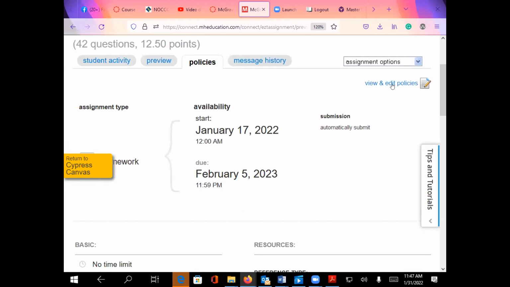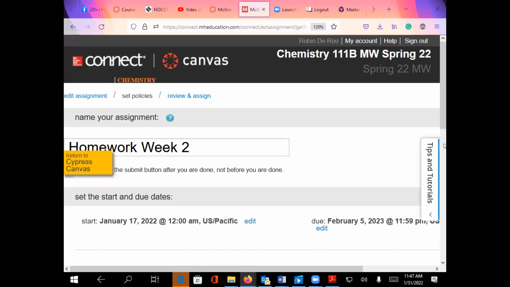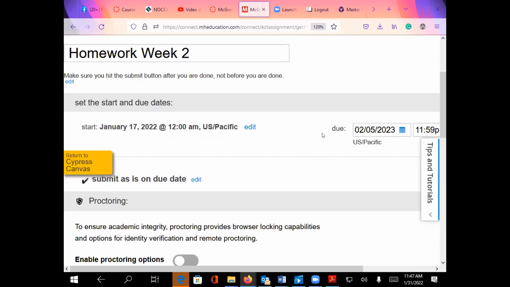No worries. I'm trying to make everything due on Sunday so we're consistent. Oh my God, look what year I have. Well, that answers the question. It would help if I was in the right year.